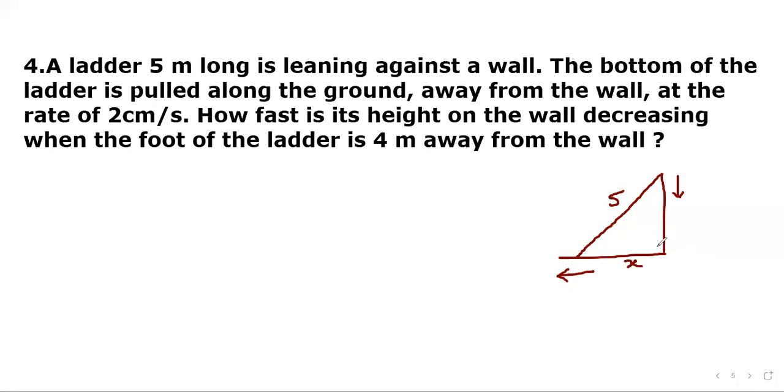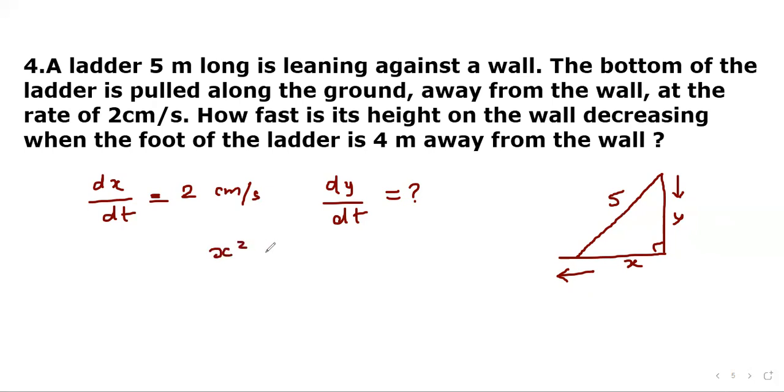So suppose this is x, this is y. So we are given dx upon dt as 2 centimeter per second. We have to find out dy by dt. Now this is a right angle triangle. We apply Pythagoras theorem, x square plus y square equal to 25.